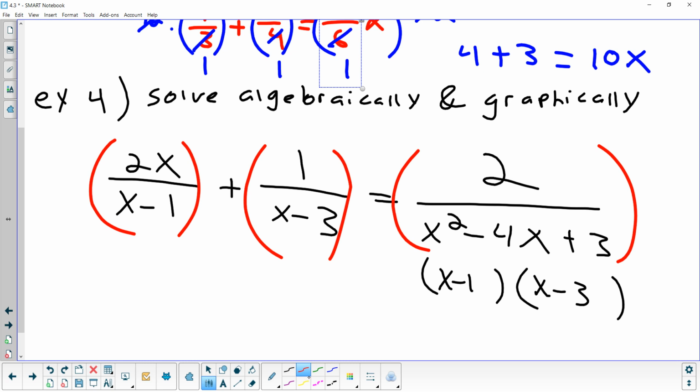Just the first one, yeah? It would be x plus 1. If you multiply by something that's not in the bottom, then it won't cancel it out. If you want to cancel something out, you have to have the same thing in the top and the bottom of a fraction. So what could we multiply that first fraction by to cancel out the denominator?